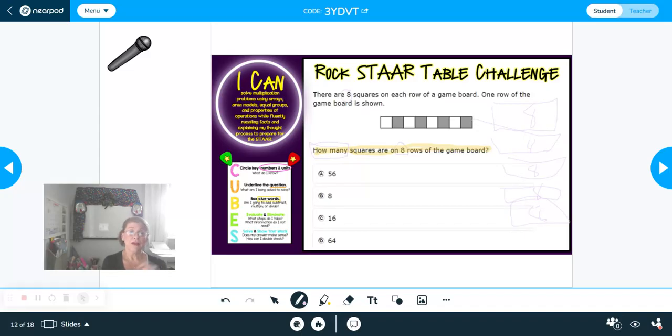By having those follow-up questions, by explicitly working through the questions, yes, sending them to tables, maybe working through the cube strategy, but coming back and explicitly working through it as a class, that's where we're going to get the biggest bang for our buck.